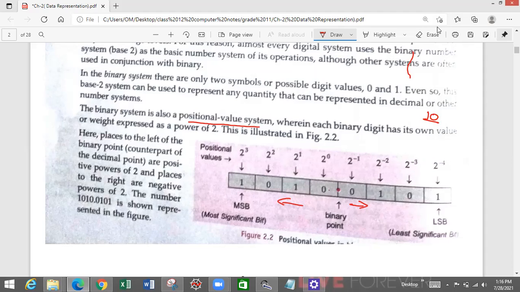This is unit, 10, 100 and 1000. Here it increases by a factor of 2, the base. This is the first one, having 2 to the power 0 value. This is the second one, 2 to the power 1, 2 to the power 2, 2 to the power 3. That way it keeps on increasing. On the right hand side, the same thing happens. The value decreases by a factor of 2 every time, like this.